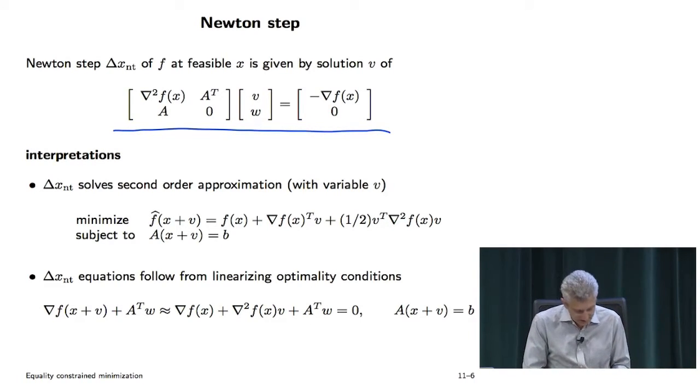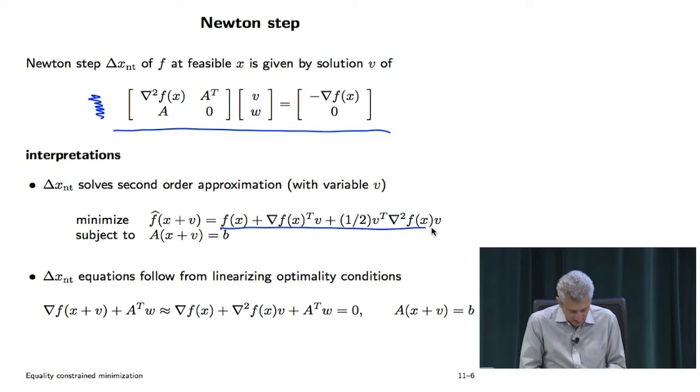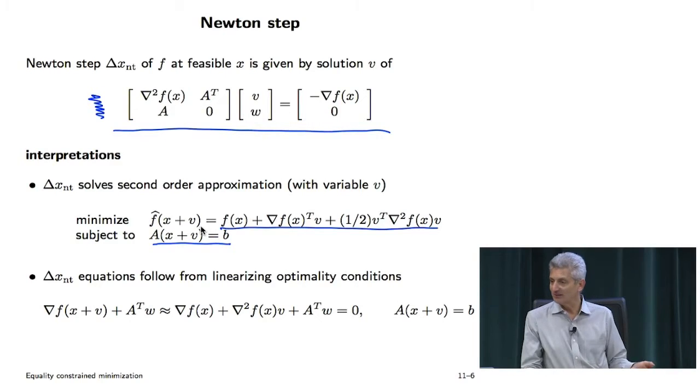So where does this come from? There are lots of interpretations. Here's one. Form the quadratic approximation of f at x. That's this thing here, and notice v is like a step or a perturbation. Then the equality constraints are equality constraints. You don't need to approximate or linearize anything.